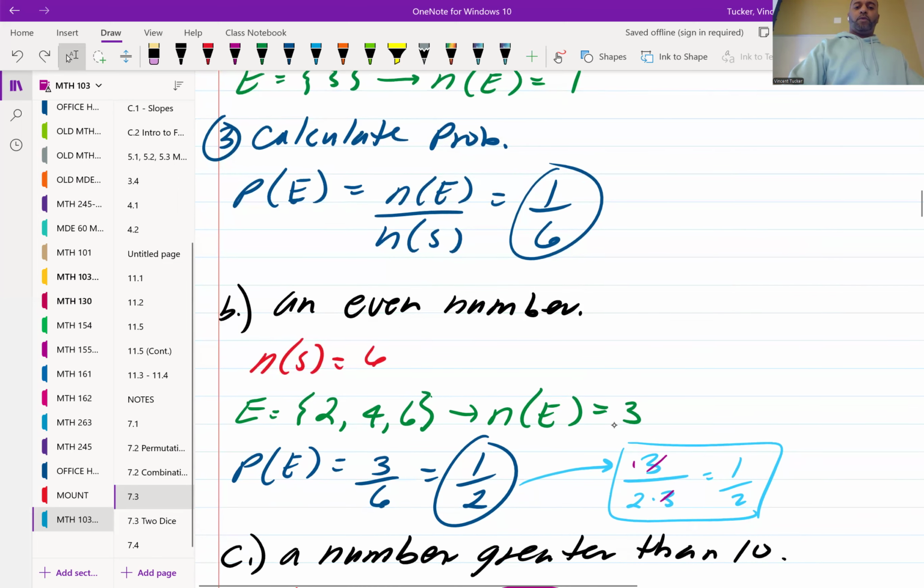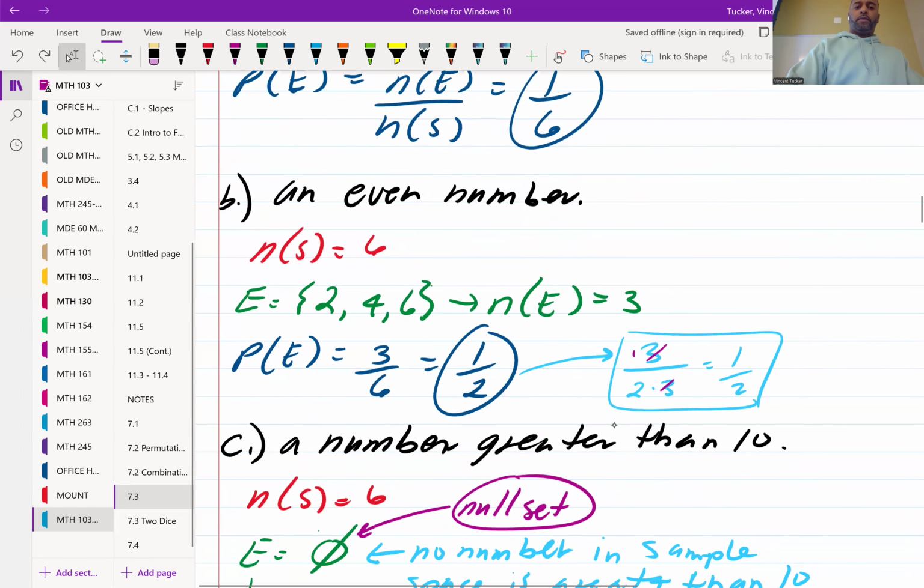All right, and one more dealing with a single die.